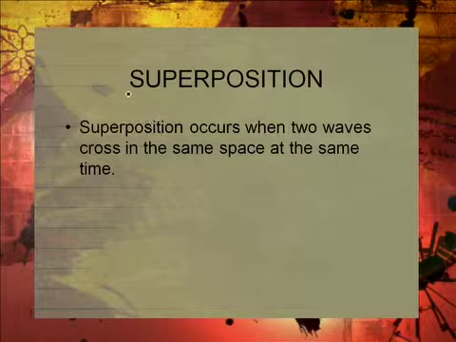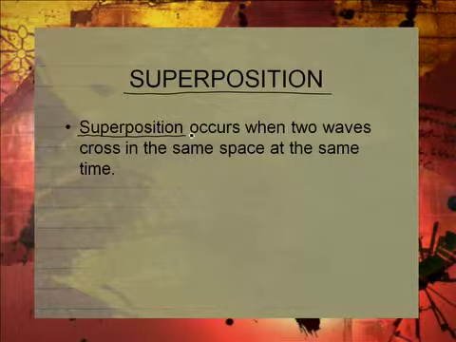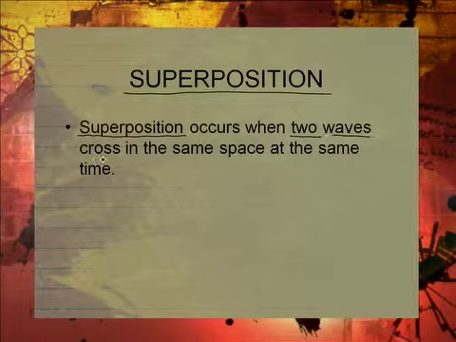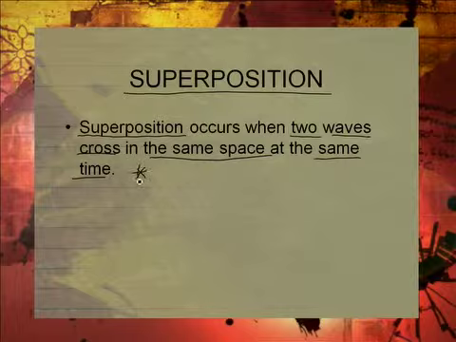We have this term here, superposition. What does it mean? Superposition is a phenomenon that occurs when two waves cross in the same space at the same time. So when they cross at the same space at the same time, superposition will happen.